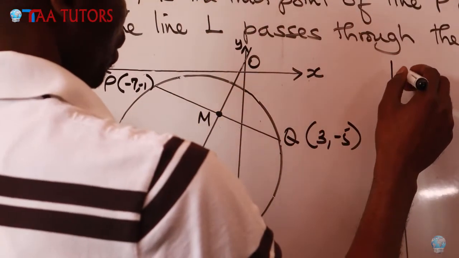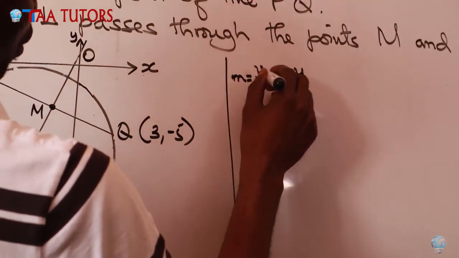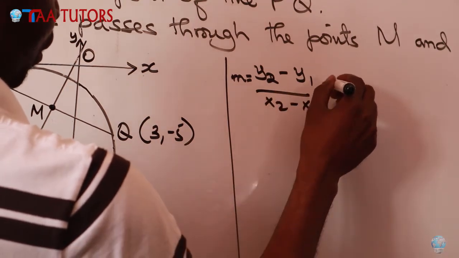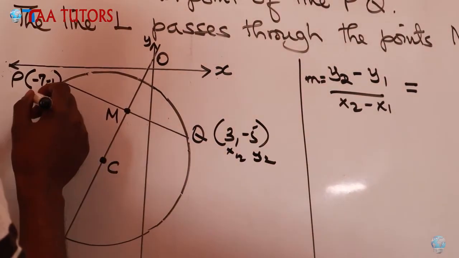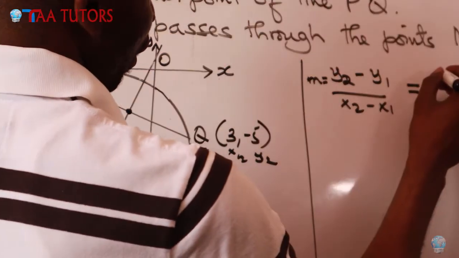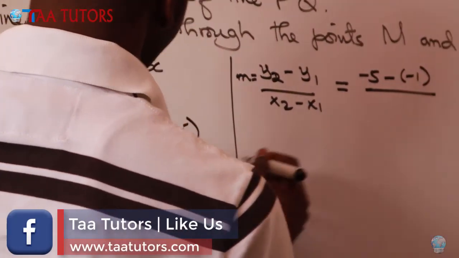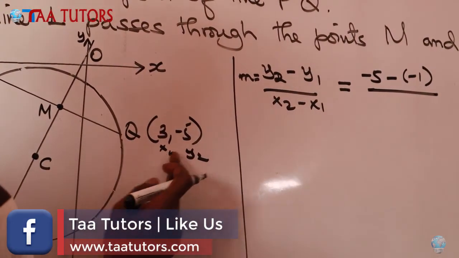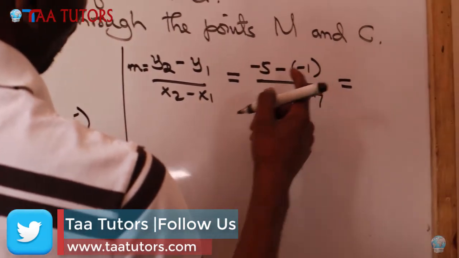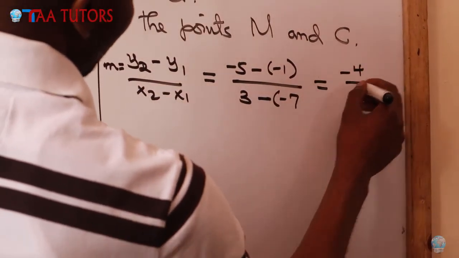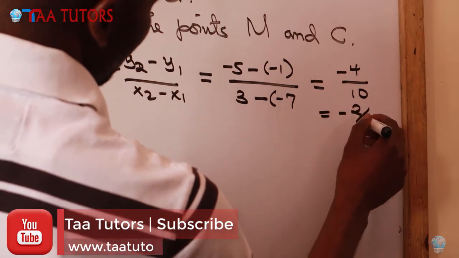The gradient is (y2 - y1)/(x2 - x1). Taking y2 as -5, y1 as -1, x2 as 3 and x1 as -7, we get (-5 + 1)/(3 + 7), which is -4 over 10, giving negative 2 over 5.